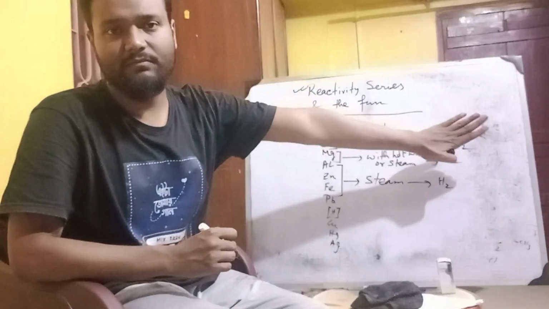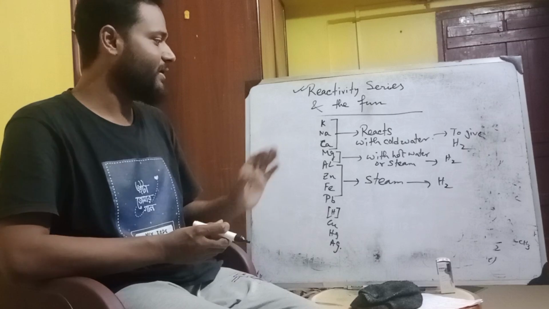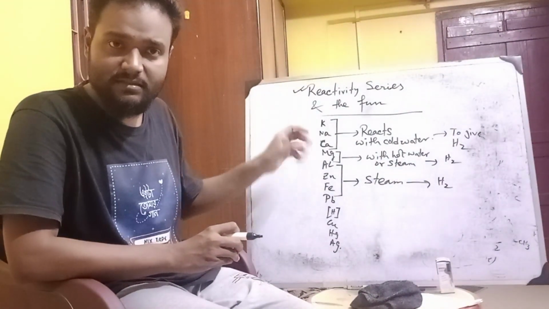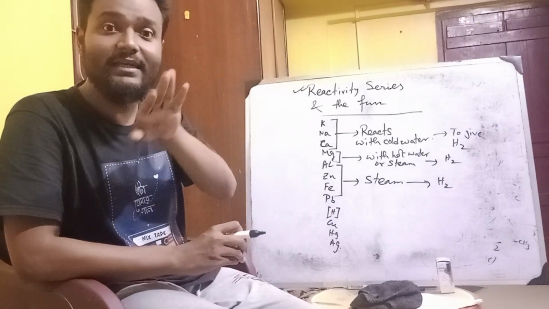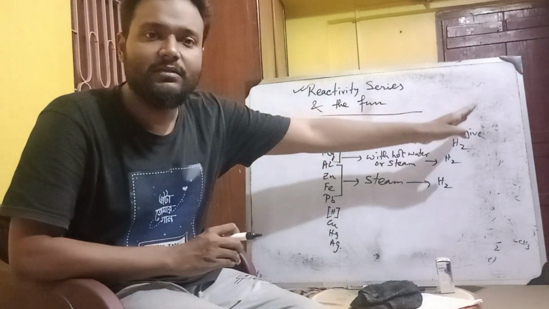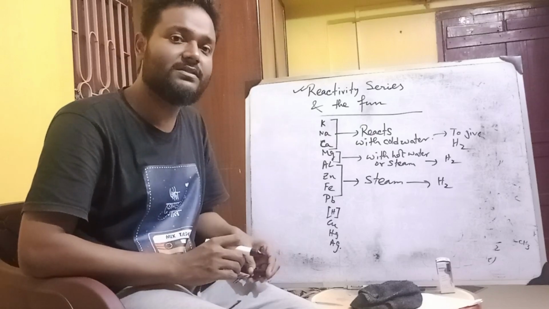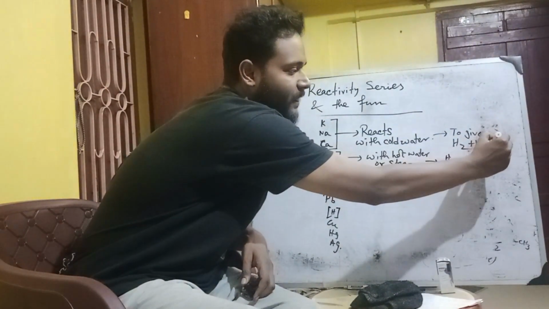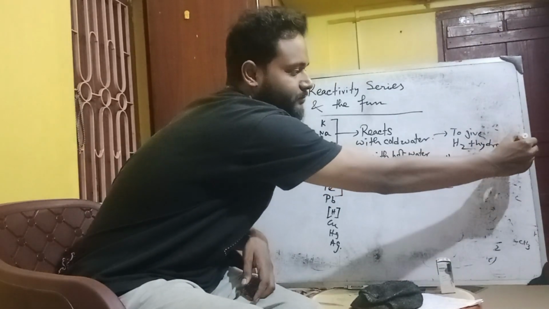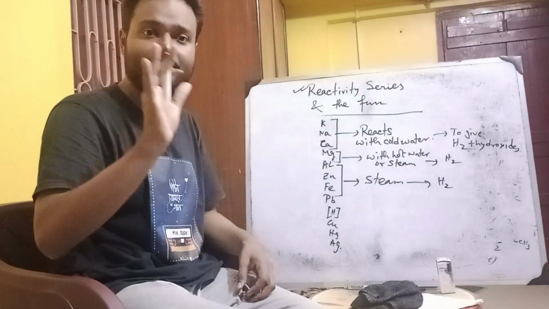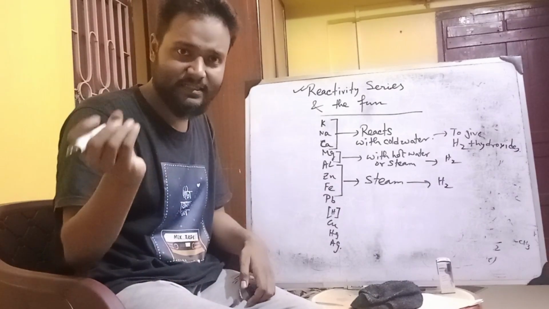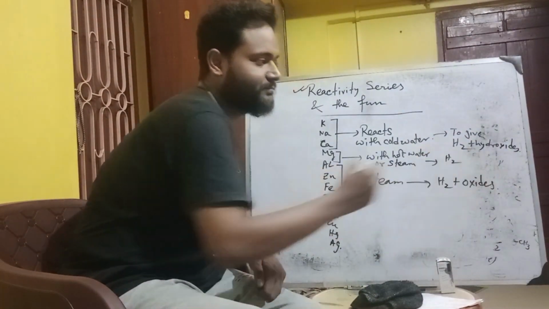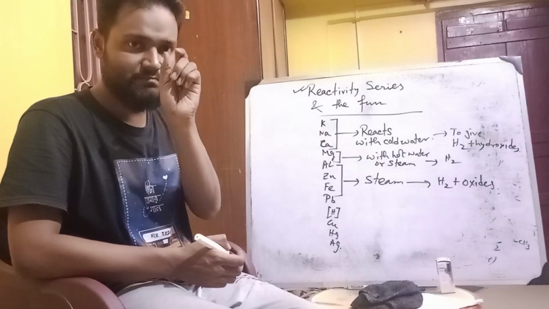Now the other products, how to remember? When the metals react with water in liquid state, the products will be hydroxides. But when the steam is passed, that is in vapor state, that is in gaseous state, the product will be oxides. So this will be the basic thing.